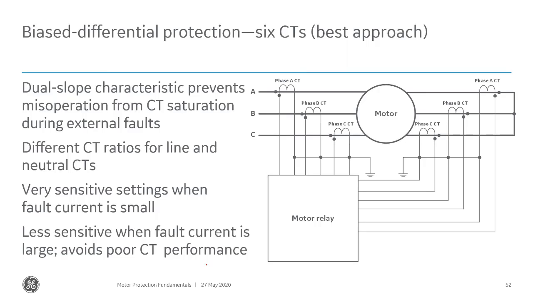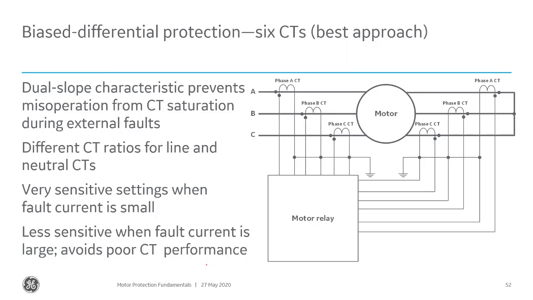So it requires a set of CTs on the terminal side and the neutral side. Now, when we compare that to the core balance mechanism that I showed a few slides earlier, that still required the same number of CTs. It still requires 6 CTs because you've got one CT that is on the terminal side.